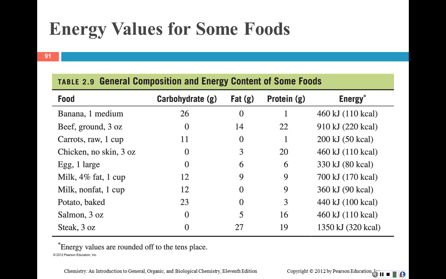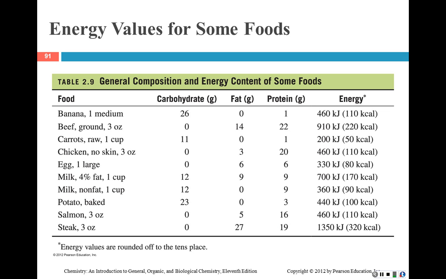And so most foods are not just one thing. They are a combination of either all 3 of those, carbs, fats, and proteins, or 2 of them, or whatever. Very few things are just one of them.